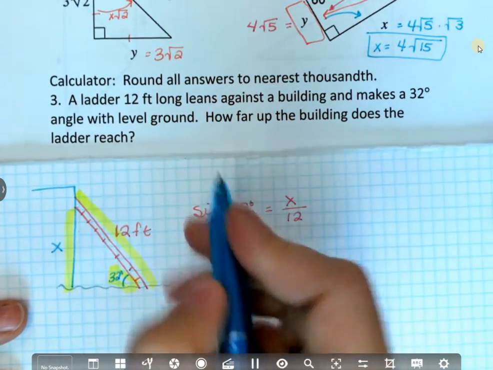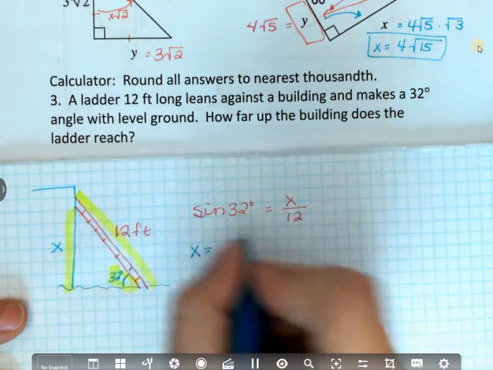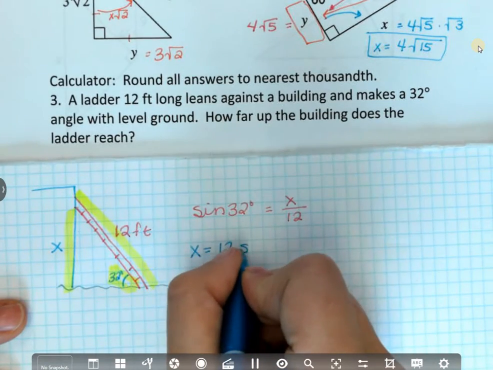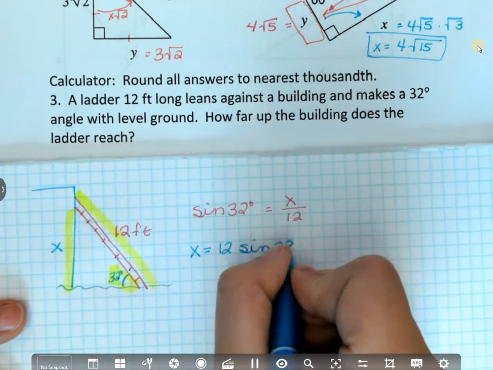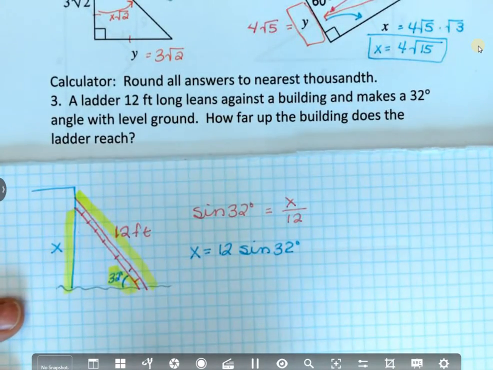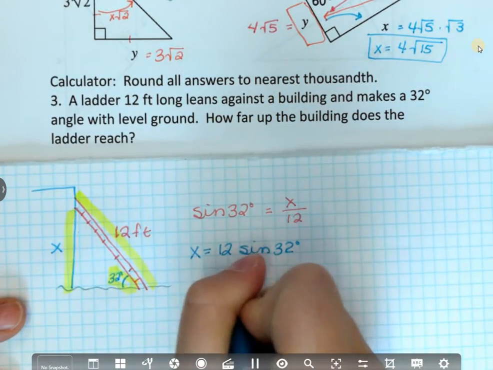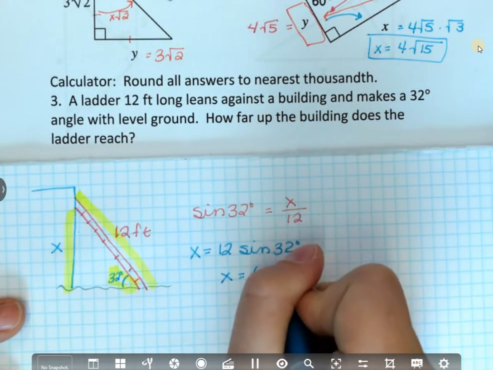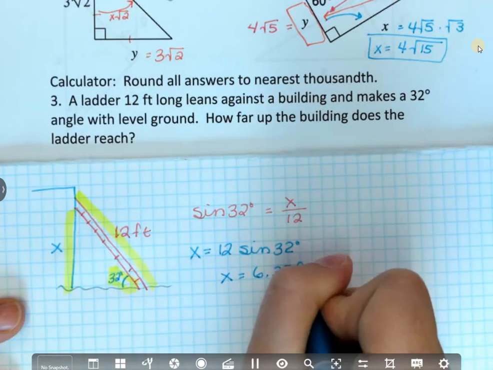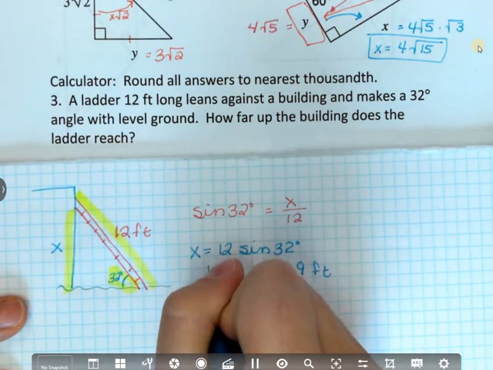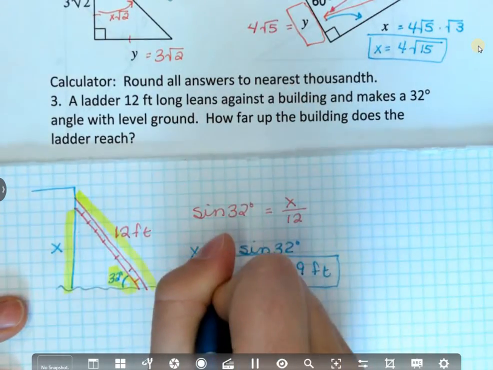So what would go into your calculator? 12 times the sine of 32 degrees, because I got to get the 12 out of the denominator. Can somebody give me their answer to the nearest 3 decimals? 6.359 feet. Thank you so much for the label, because if you don't have the label, I'm going to assume you mean toes.